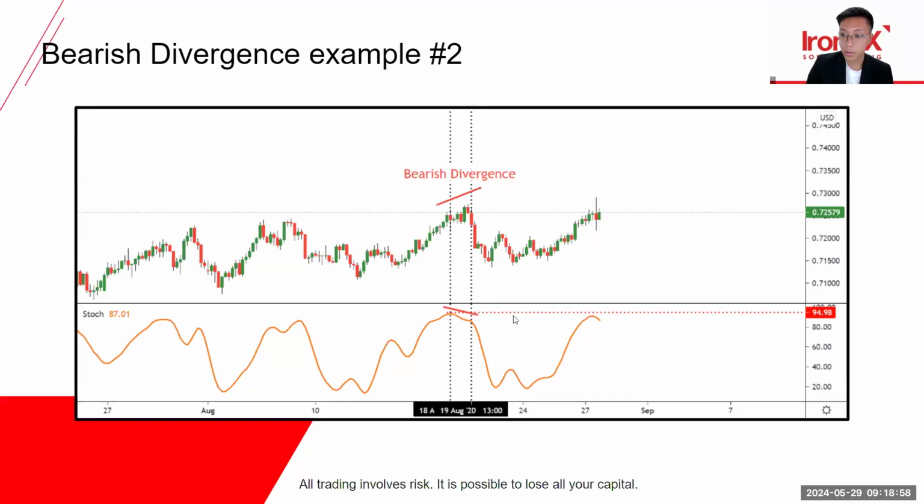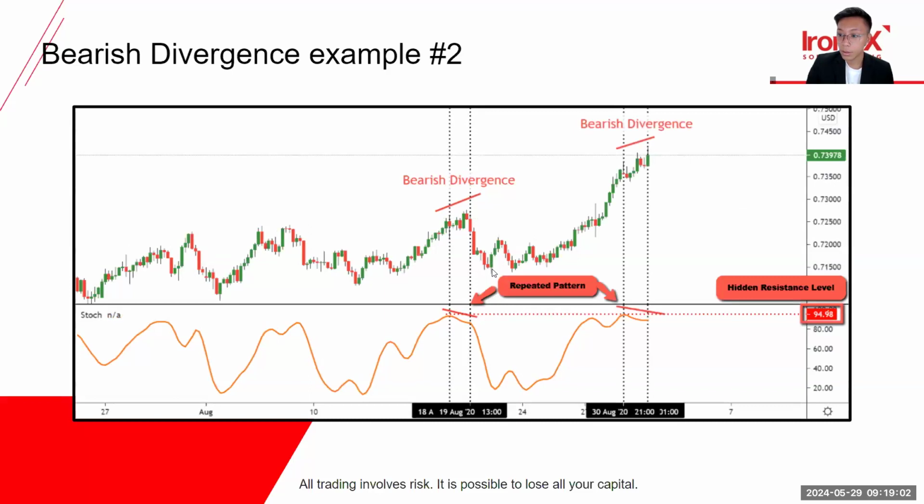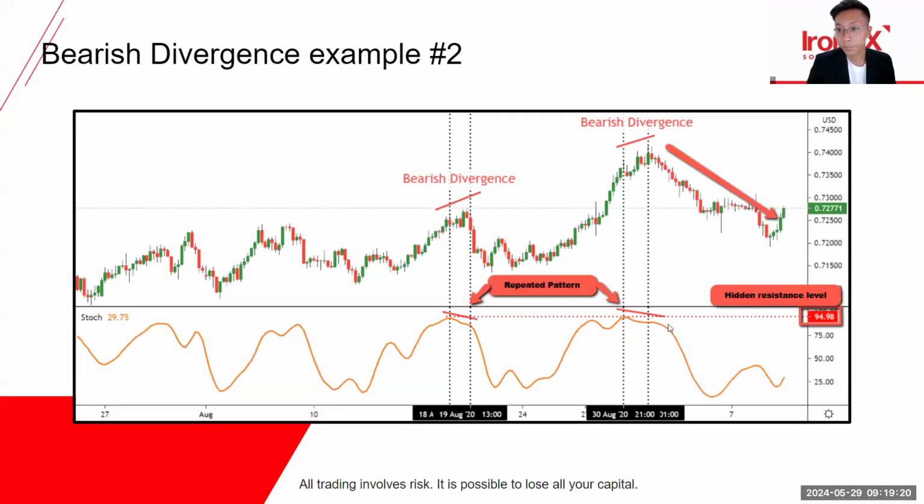After that, price starts to drop. Once price created the same exact pattern, we can see that there is bearish divergence right here, because of a higher high and then a lower high on the indicator. This is also your hidden resistance level, as I mentioned previously.